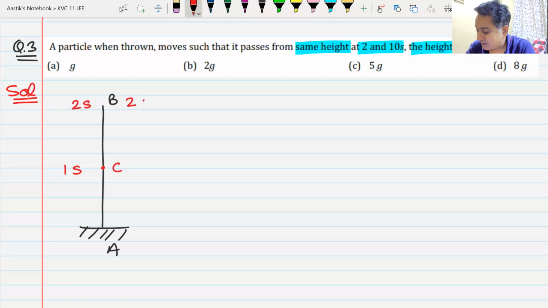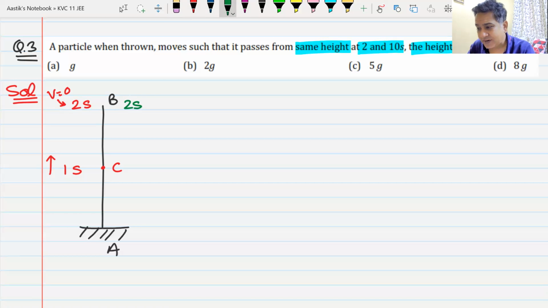The upward journey is given in red, and the downward journey in green. At 1 second, it is going up. At 2 seconds, it is at rest, so velocity is 0. Now it starts its downward journey.